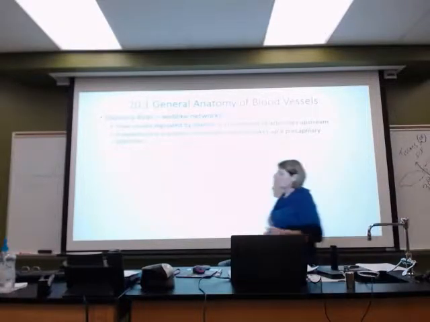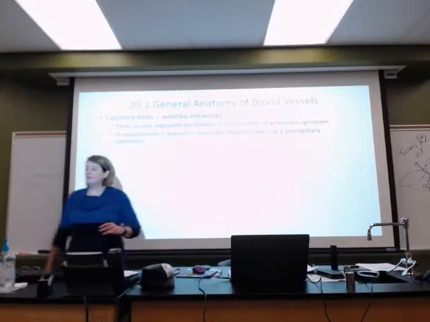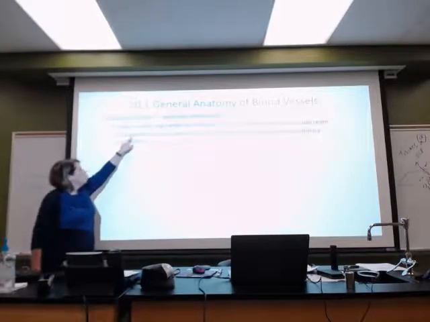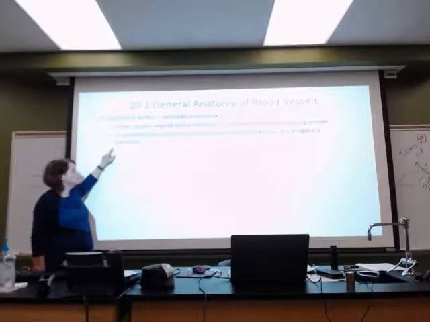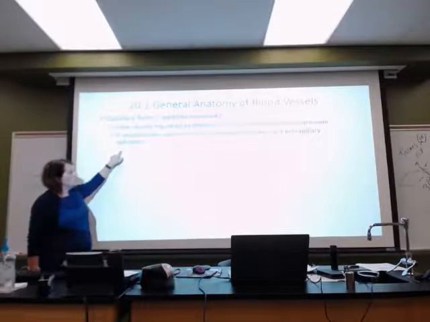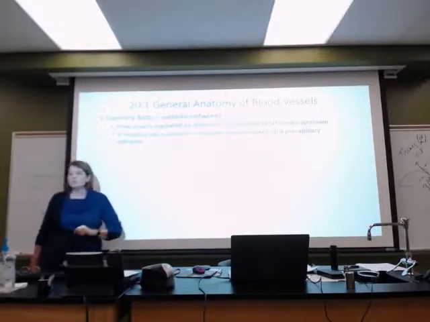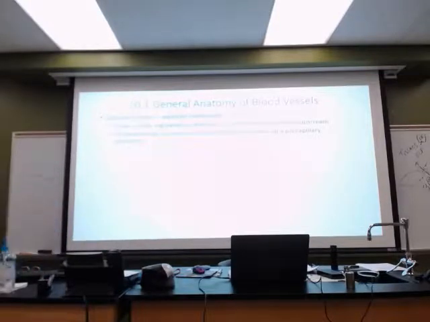However, if metarterioles are present, they're going to have smooth muscle. So on that artery side, if it's a metarteriole, they have this ring, this sphincter, this ring of smooth muscle.